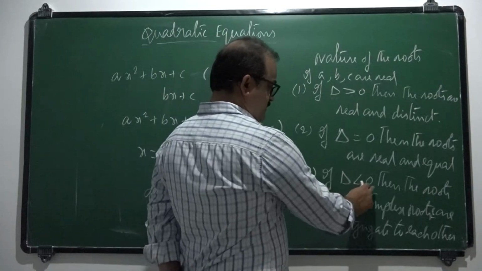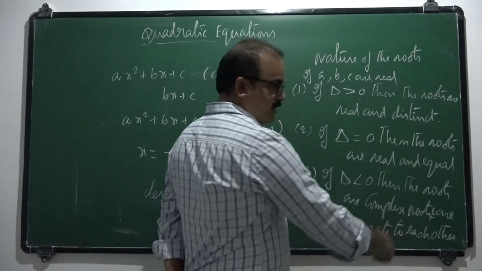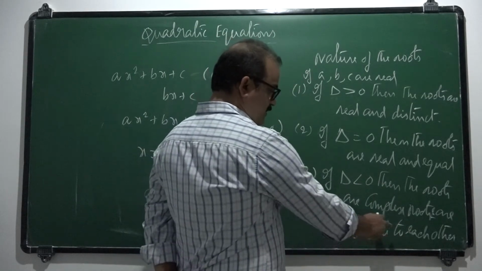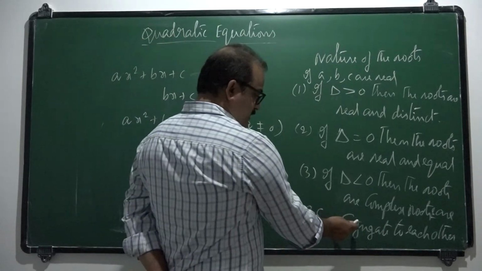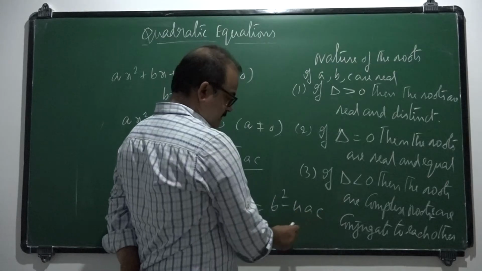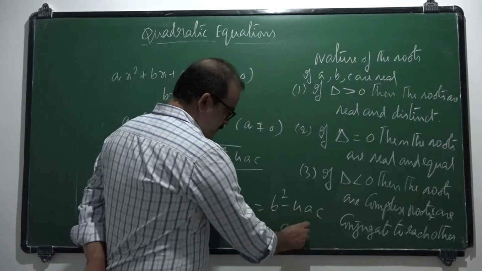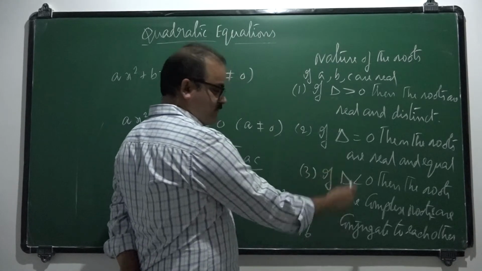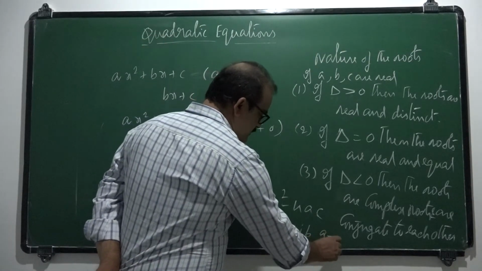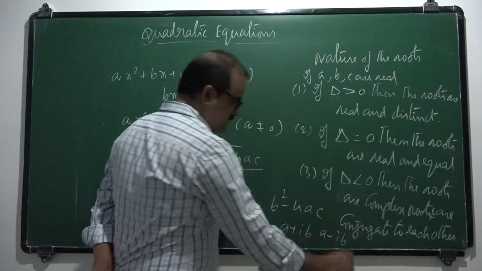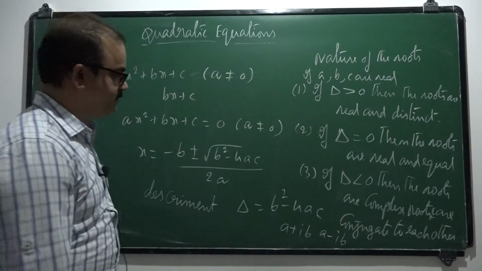If delta less than 0, then the roots are complex roots and are conjugated to each other. Conjugate means if A plus iB is one root of an equation, then its conjugate is A minus iB.